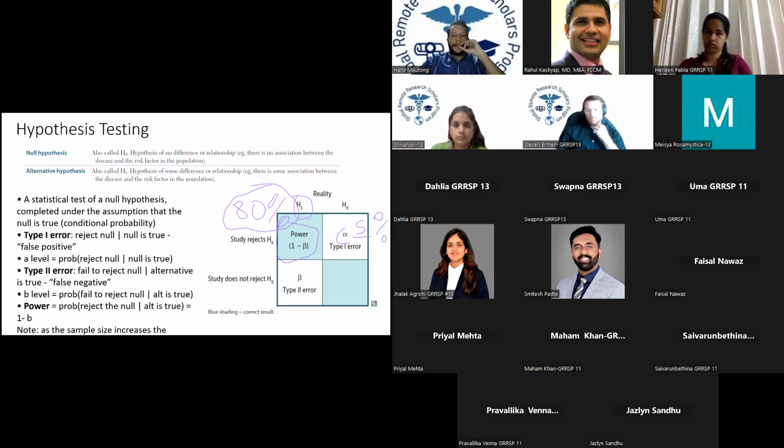And you also want a low probability that your study rejects the null when the null was true. Okay, so that's the relationship between power, type 1 error or alpha, and sample size, just at a glance. I don't want to get too caught up in that. But let me know if you understood these concepts.